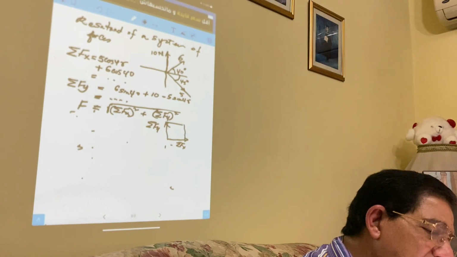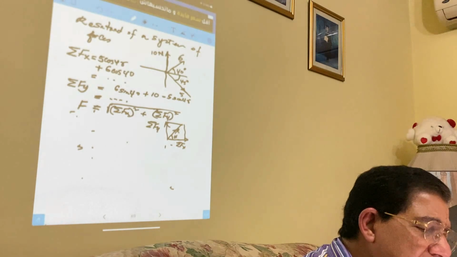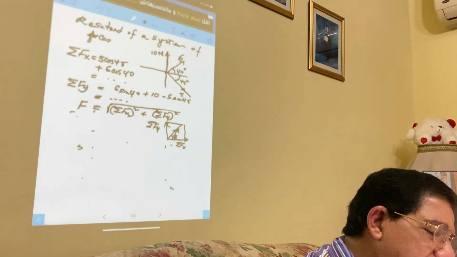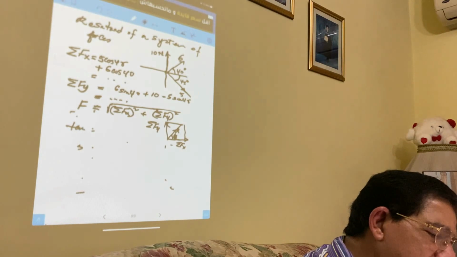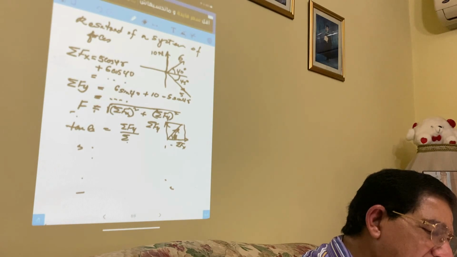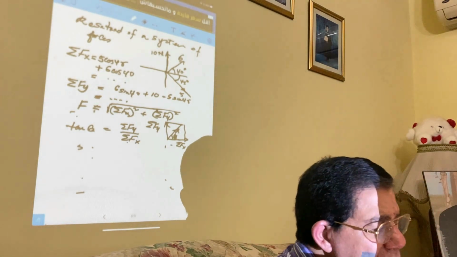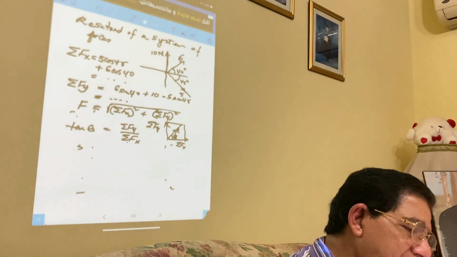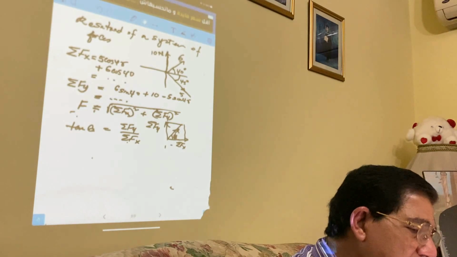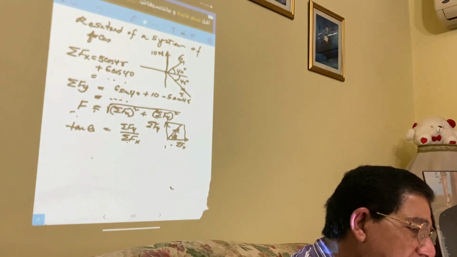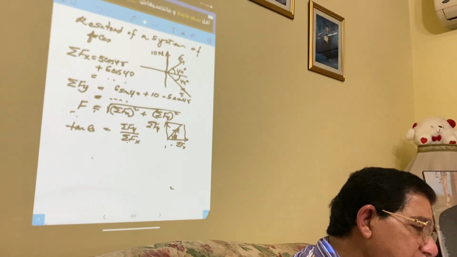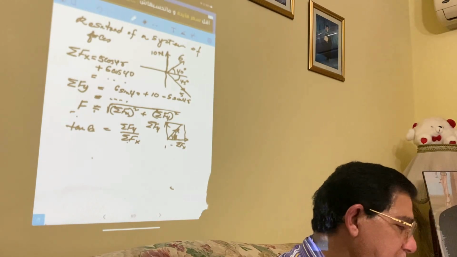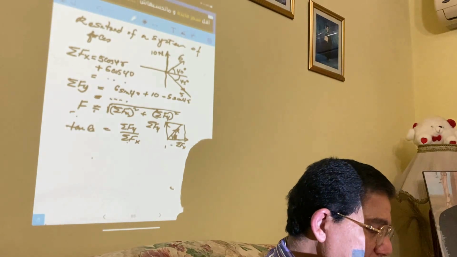This is going to be the resultant. The angle theta the resultant makes with the x-axis: tan theta equals sigma fy over sigma fx. Then you know the resultant and its direction exactly. We have found the magnitude of the force and its direction by getting the angle with the x-axis.